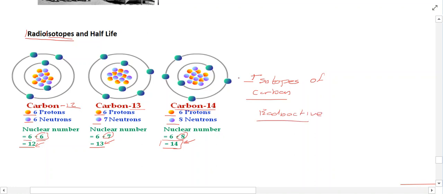Now, within the isotopes, some of the isotopes are radioactive. Some of the nuclei of isotopes are completely stable. They don't break down spontaneously and give off radiation. But some of them are not stable and they give off radiation. They emit particular types of radiation. In the case of carbon, carbon 12 and carbon 13 are relatively stable, but carbon 14 is unstable.